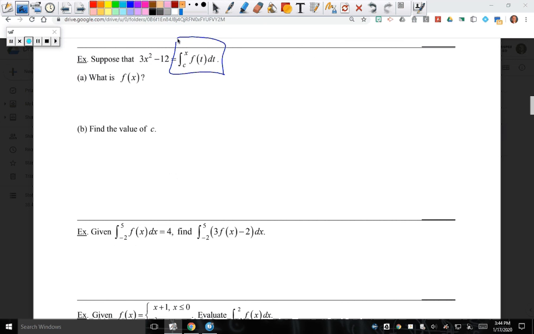No. What could I do to make what's in the blue box become f of x? Second fundamental theorem. I could take the derivative. If I take the derivative of the right side, it becomes a positive f of x. Technically minus 0, because c is a constant. Therefore, 6x is the derivative. So f of x is 6x.